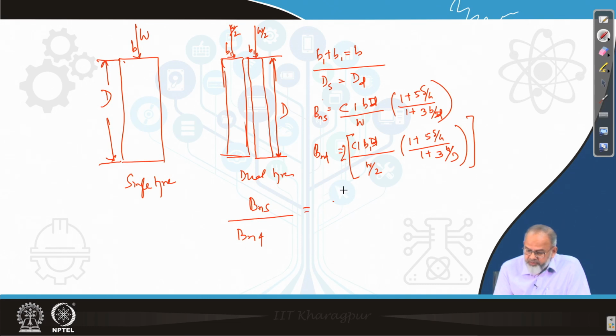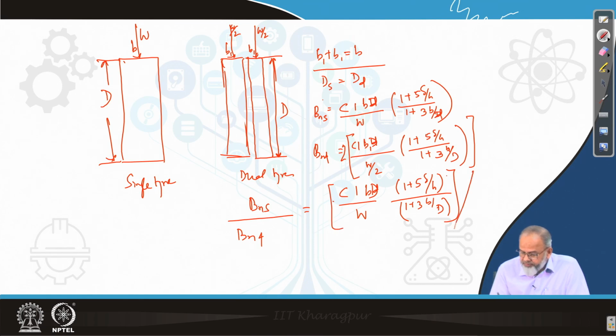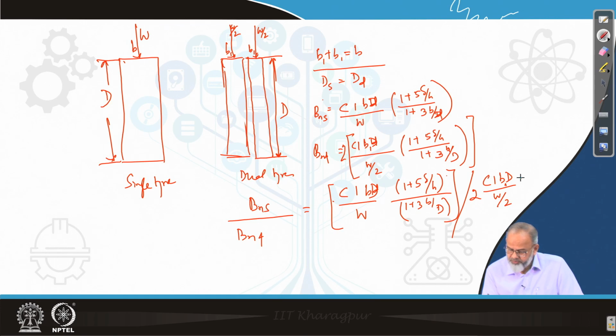So obviously this will be CIBD by W into (1 plus 5 del by H) by (1 plus 3B by D), divided by twice of CI B1 D by W by 2 into (1 plus 5 del by H) by (1 plus 3B1 by D).